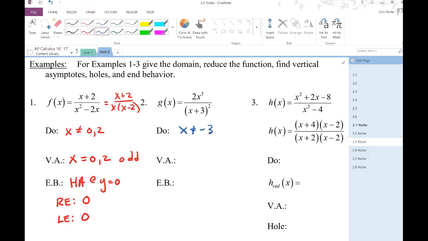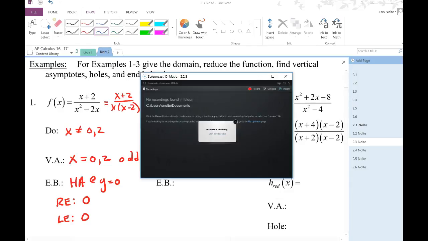Okay, so vertical asymptote at -3. It does not cancel with the top, so there is no hole. It is a vertical asymptote. We have one at x equals -3. And what kind of vertical asymptote? Is it even or odd? Even, right? Everybody looking at that too?